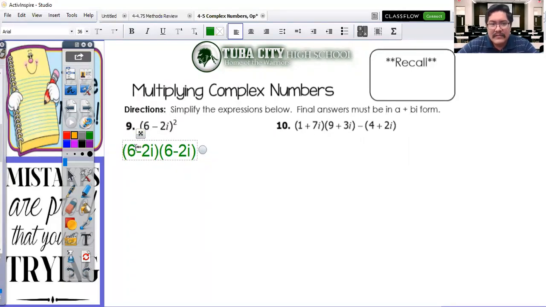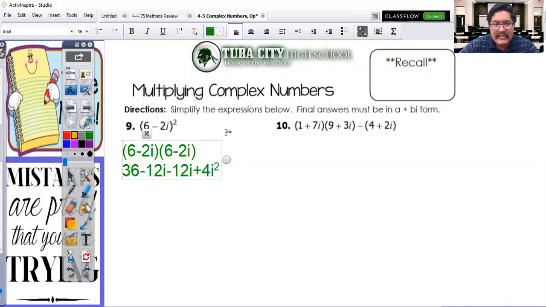You don't really need to do this, but it makes using the FOIL method a lot easier. Now I can see that I have 2 6's in the front, so that'd be 36. And I have 6 times negative 2, which would be negative 12i. The inside terms are the same thing, because it's negative 2 times positive 6, so that'd be negative 12i. And the last number would be negative times negative, which would be positive. 2 times 2 is 4, and i squared.